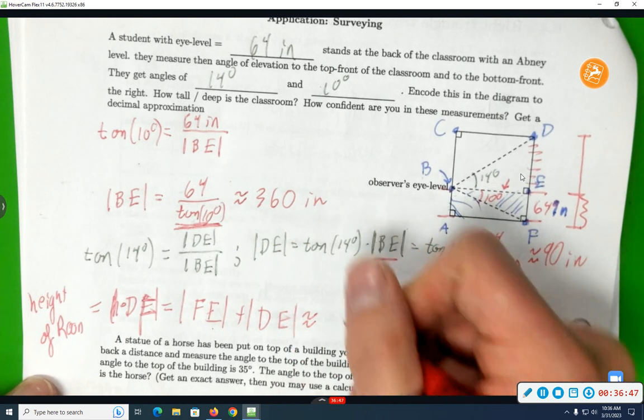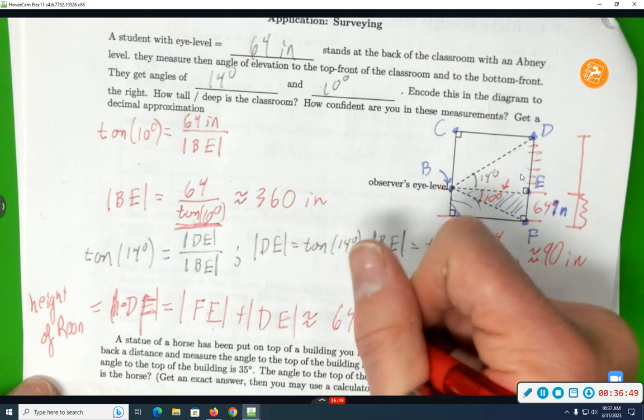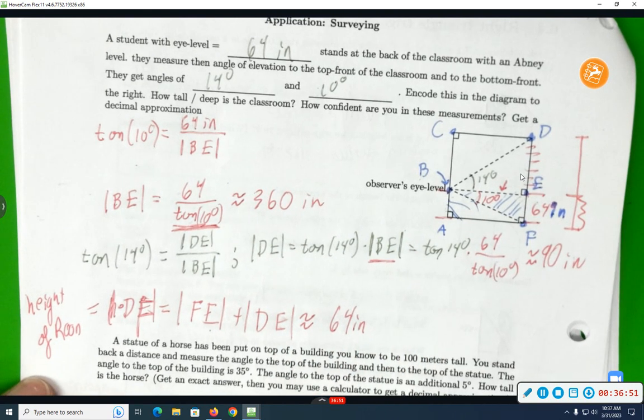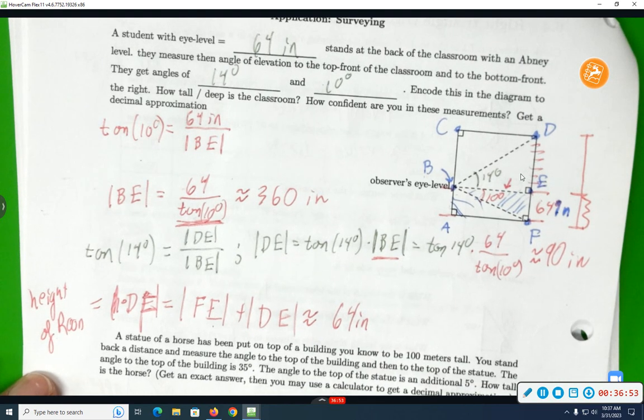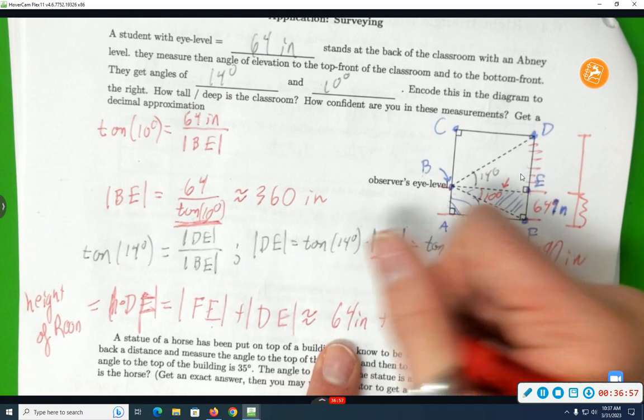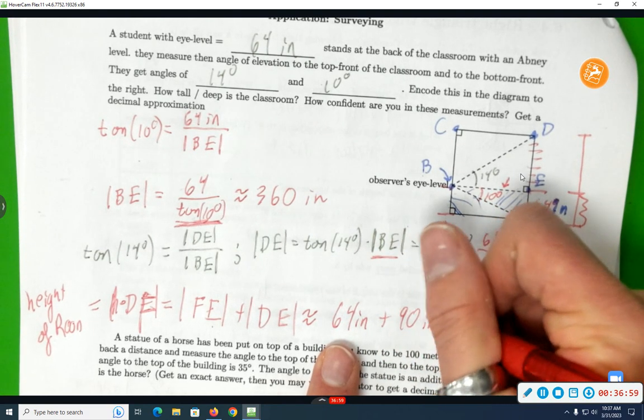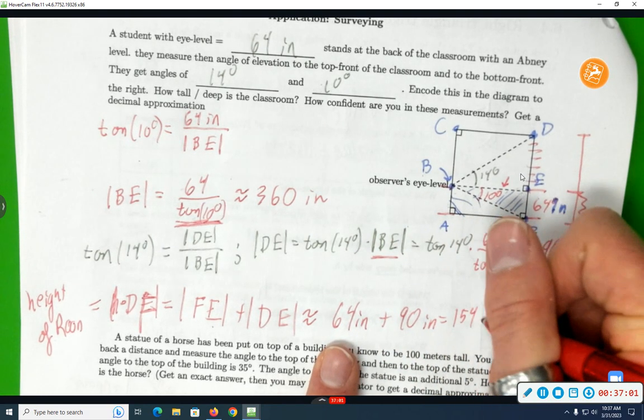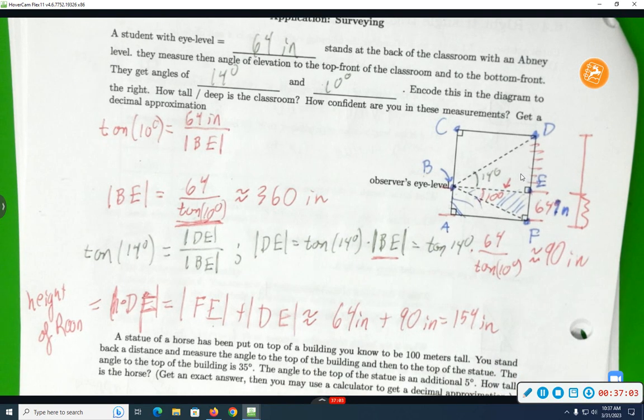This is approximately 64 inches. Even that 64 inches is approximate because you saw how carefully I was using that tape measure. Plus 90 inches is 154 inches. Right, 6 plus 9 is 15, and 4 plus 0 is 4.